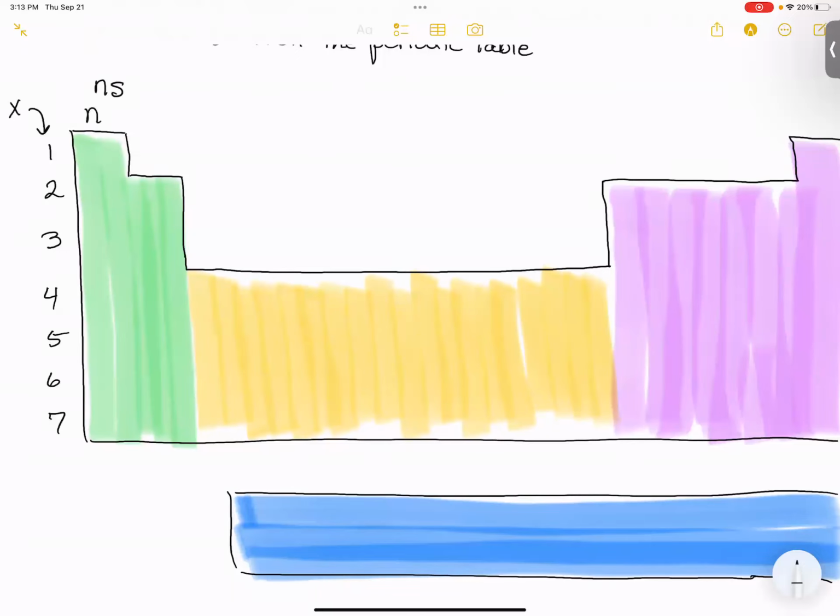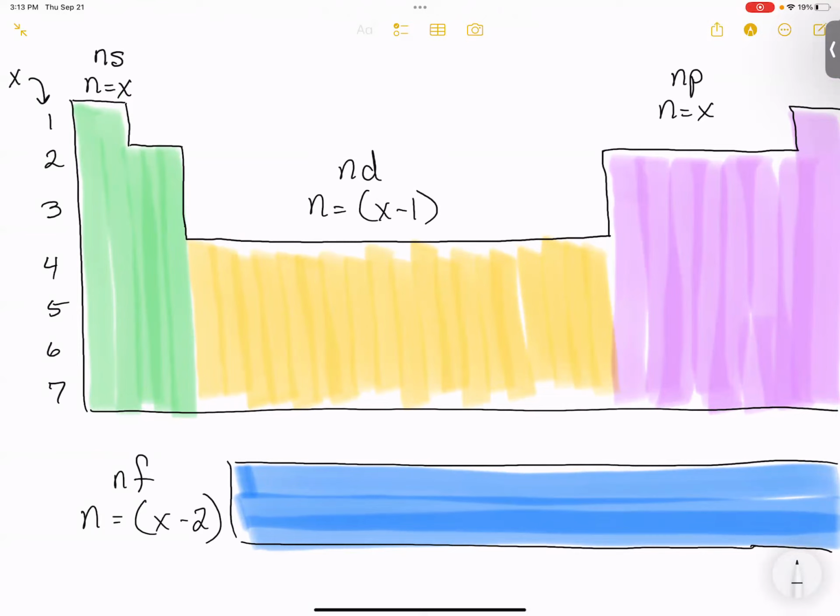Okay, so this is your periodic table, me and my coloring, but I think it's useful to see it in color. So N is our principal quantum number.